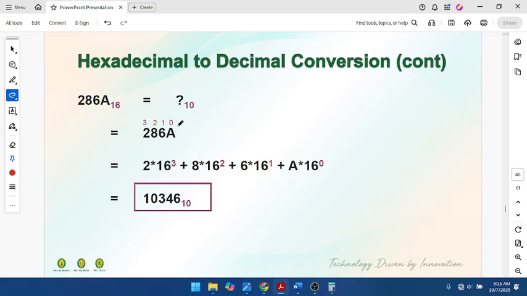From here, digits 0, 1, 2, 3. Let's try to multiply: 2 times 16 to the third power, plus 8 times 16 squared.